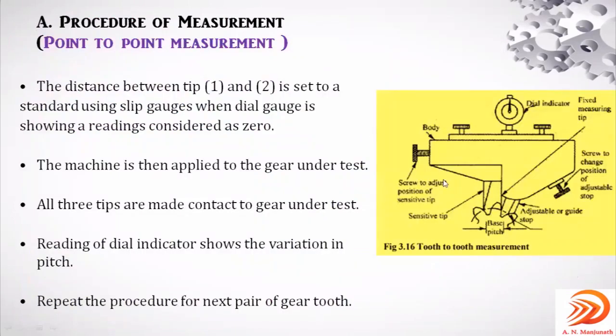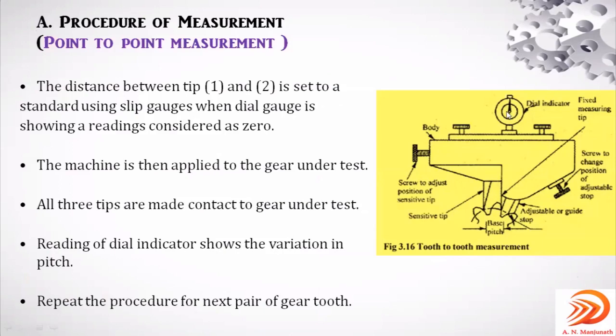See the procedure here, it is like this. The distance between tip 1 and tip 2 is set to standard using the slip gauge, when the dial gauge reading is considered as 0 at the beginning stage, right? Because the dial indicator is a comparator. A comparator won't provide the exact dimension of the component.